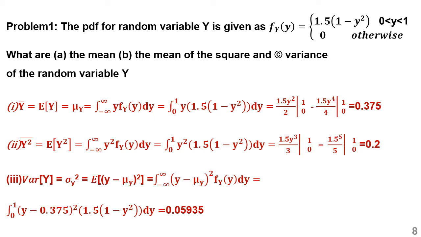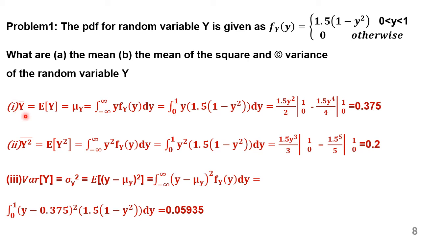Let us solve some problems. First problem, the PDF for the random variable y is given to us. fy of y is equal to 1.5 (1 minus y square) for values of y between 0 to 1 and 0 otherwise. What are the mean, mean square and variance of the random variable y?